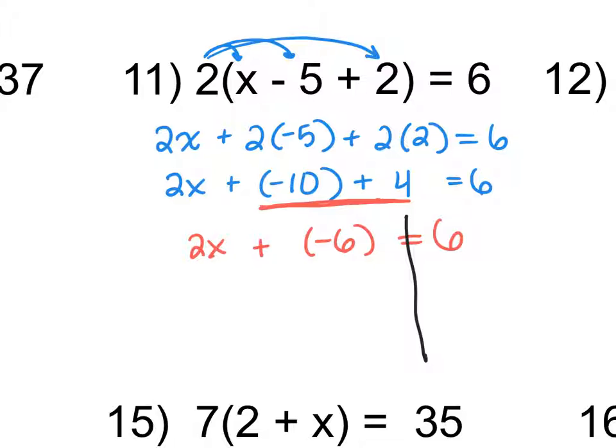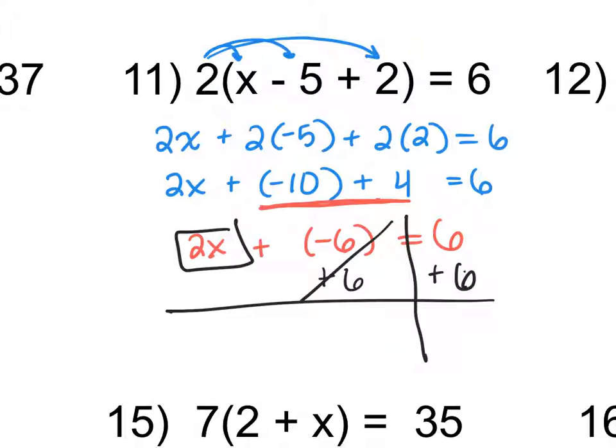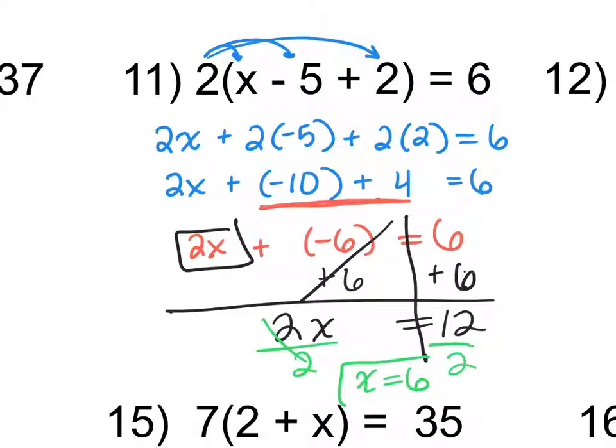I want to draw my fence, circle my variable term. Add 6 to both sides to move that. Those cancel. 2x equals 12. Again, it's multiplication, so I'm going to undo that by division. And I'm left with x equals 6 for my final answer.